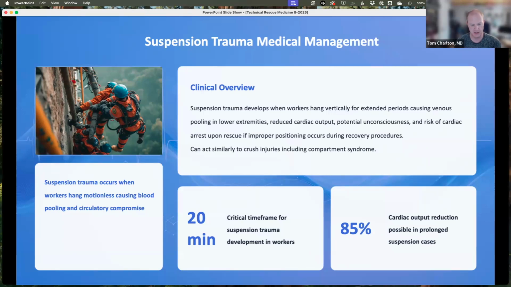unfortunately, those harnesses, by their nature, are going to begin to cut off, especially femoral blood flow. And so what can happen is this suspension injury syndrome will begin to occur. So we'll compromise both venous return from the legs, but we'll also compromise arterial supply to them.